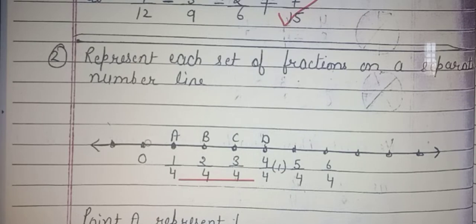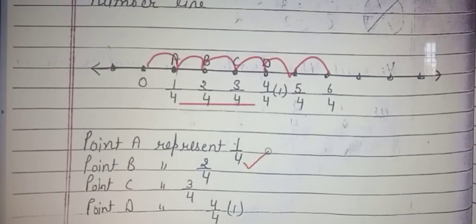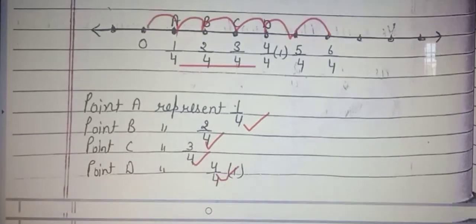After 0 comes 1, then 2, then 3, then 4, after that 5, after that 6. But we have to represent only 1 upon 4, 2 upon 4, 3 upon 4 and 4 upon 4. And 4 upon 4 means 1. So we will write point A represents 1 upon 4, point B represents 2 upon 4, point C represents 3 upon 4, point D represents 4 upon 4.